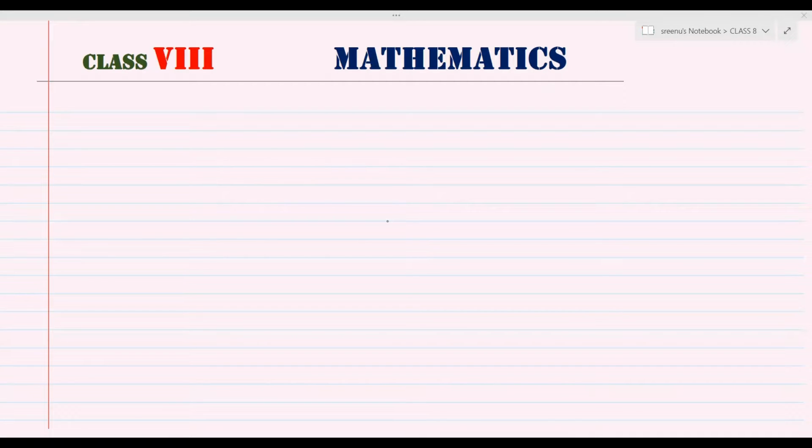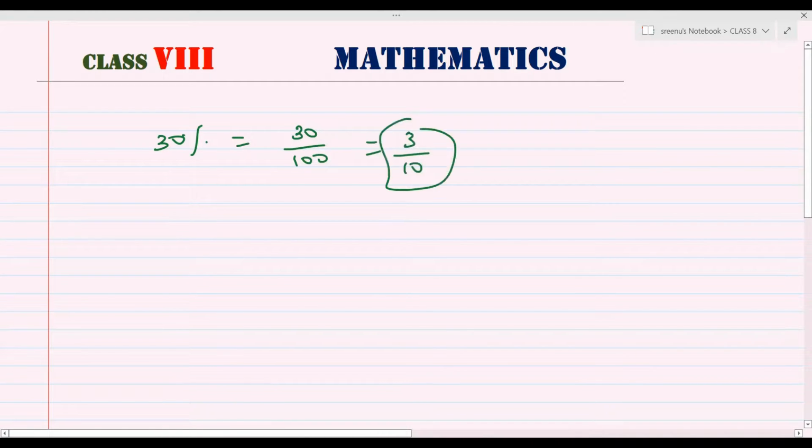So comparing quantities using proportion. Percentage to fraction: suppose I'm giving you, convert 30% as a fraction. You will write 30 by 100 and do the cancellation. 3 by 10 is the fraction.